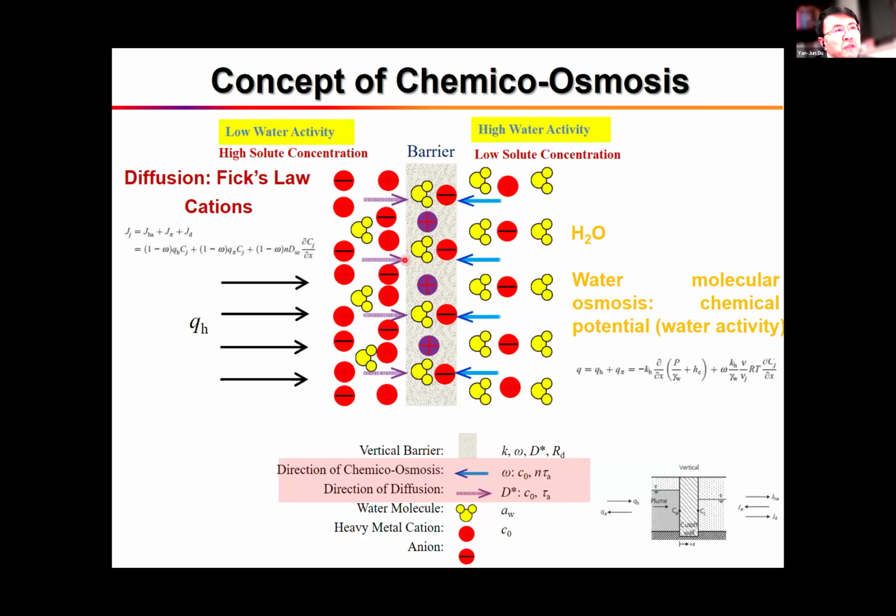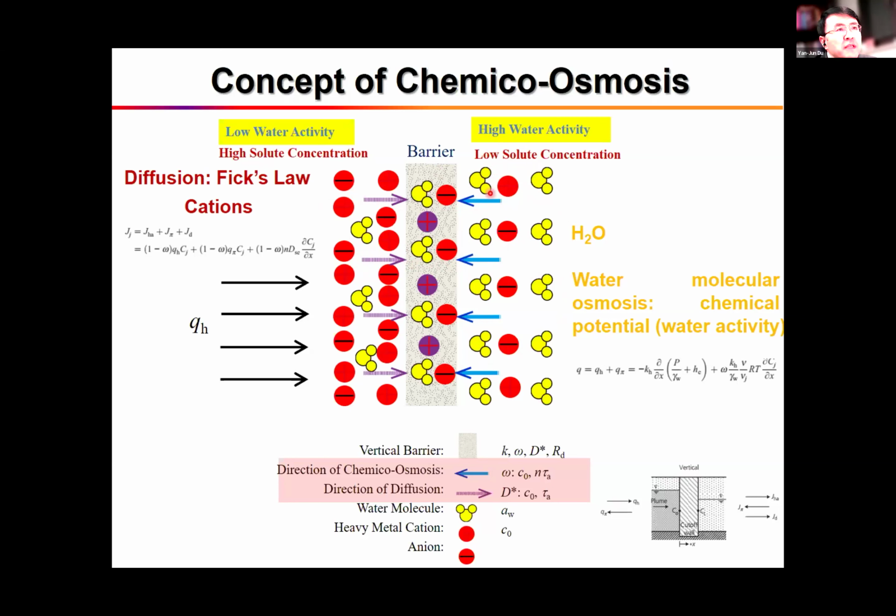They migrate, driven by the diffusion process. Simultaneously, the water molecules in the low solute concentration, which means the water molecules have high water activity, are going to move from the right side to the left side due to the chemical potential difference.